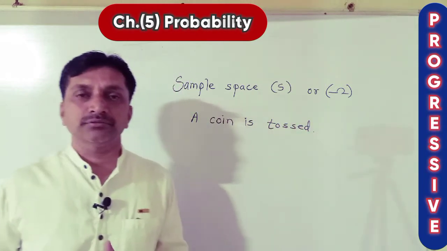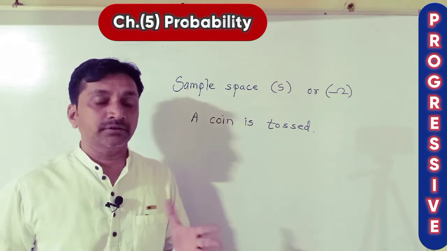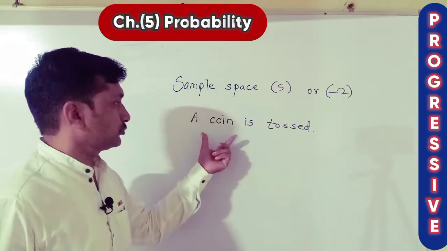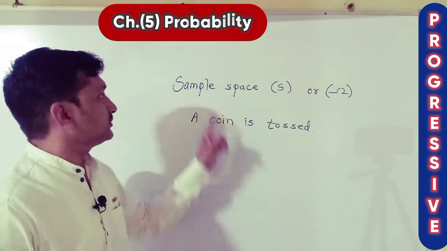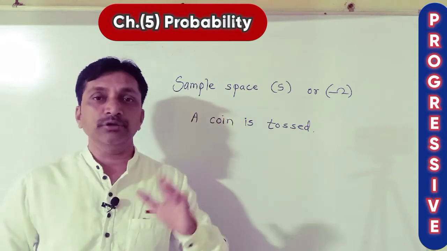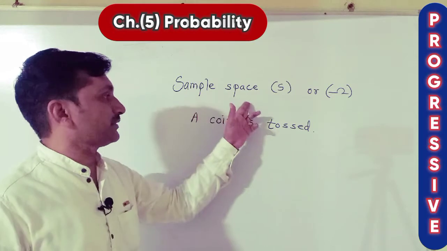We know the possibilities, the outcomes, and if we write the set of all possibilities in the form of a set, that is called sample space. The set of all possible outcomes is known as sample space.